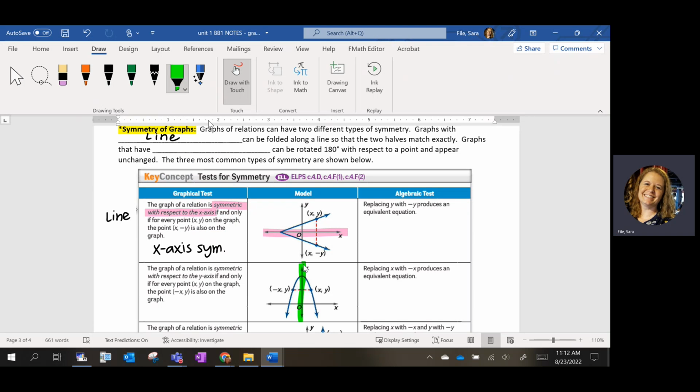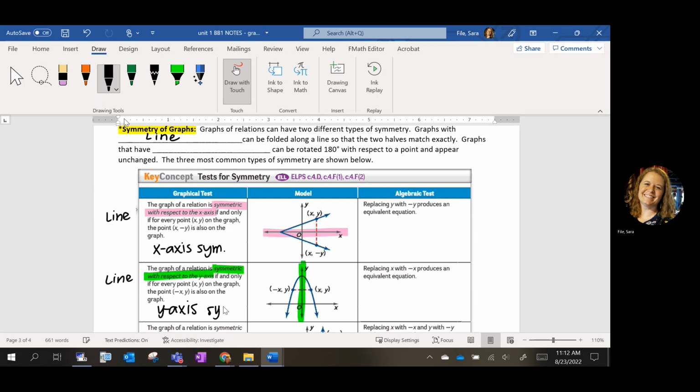That is also line symmetry, and it could be referred to as symmetric with respect to the y-axis, or symmetric about the y-axis, or you could just say y-axis symmetry. So far, so good?